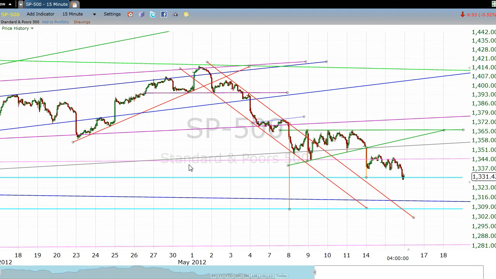So today the good news is we called for a minimum target of 1330 from our consolidation pattern that served as a continuation. We got that today. Now, bearing in mind that oftentimes these minimum targets are designated as minimum targets because often there will be a bounce at that level.